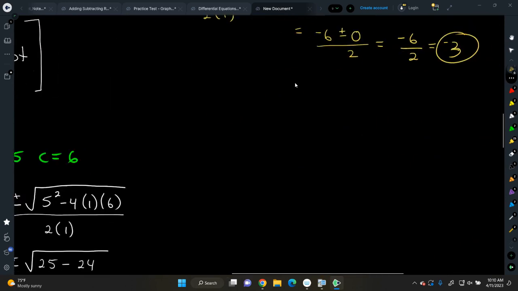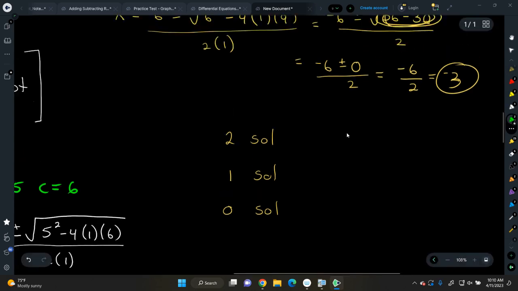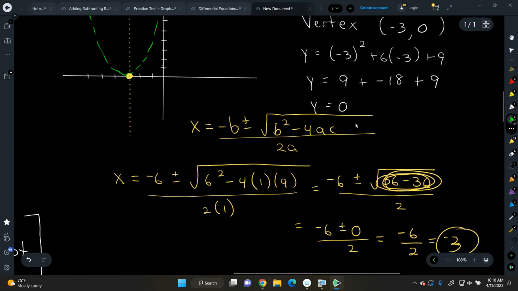So there's 3 possibilities. We could have 2 solutions, 1 solution, or 0 solutions, right?